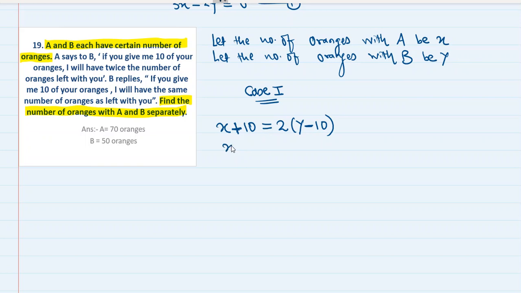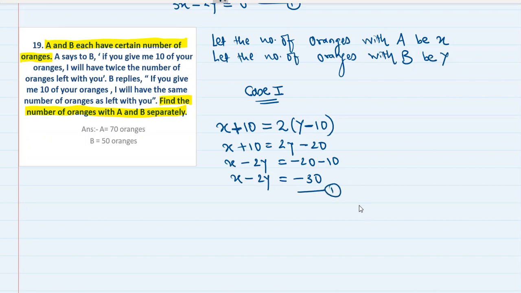Let's solve this. So X plus 10 is equal to 2Y minus 20. So X minus 2Y is equal to minus 20 minus 10. So X minus 2Y is equal to minus 30. That is the first equation.